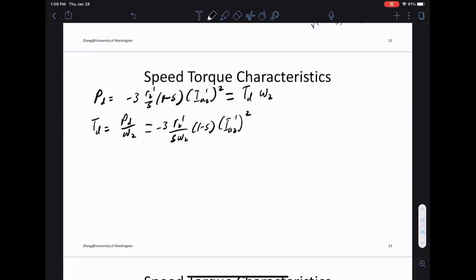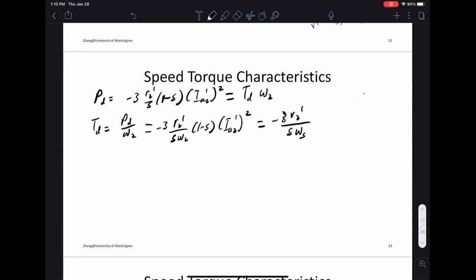But another thing we can recognize is that omega 2 divided by 1 minus S is equal to the synchronous speed. So if you keep writing like this, you can collect the terms together, and we have 3 R2 prime over S, over omega S, times IA2 prime squared.